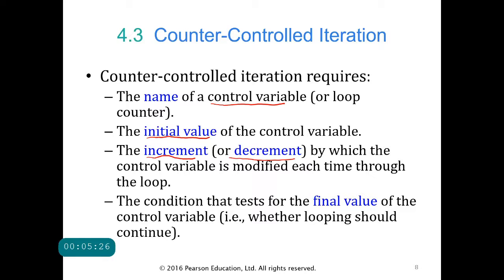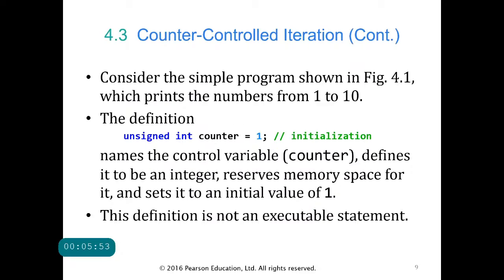So by how many values do you want the value of your control variable to jump in each iteration, and then of course your condition, or your loop basically terminates when you reach the final value of your counter variable or your control variable.